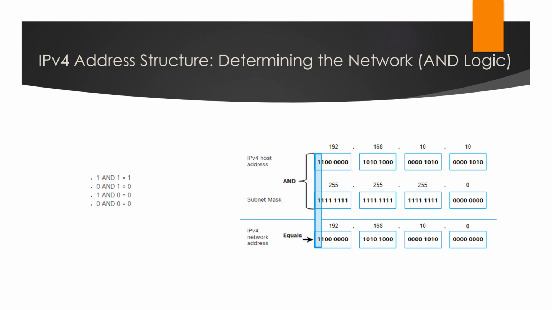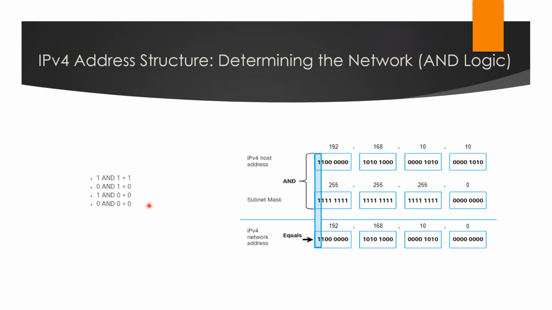You will see that only 1 and 1 will produce 1, and any other combination will produce 0. In digital logic, 1 represents true and 0 represents false. So when using the AND operation, both input values must be true for the result to be true. So both inputs must be 1, so the result is 1.